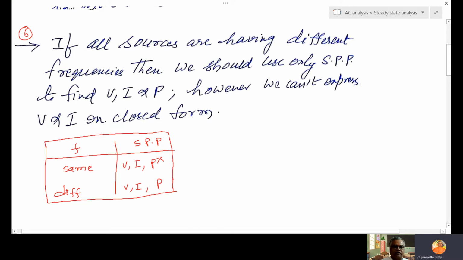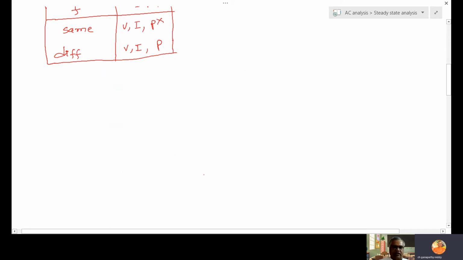I will explain this with the help of an example. This is the summary of the 5th and 6th, and why not here and why here, that clarity I am going to explain with an example. I am taking one resistor, resistance of 2 ohms.